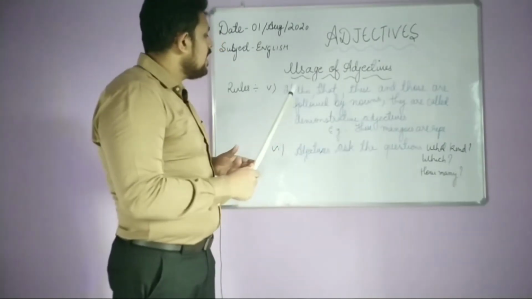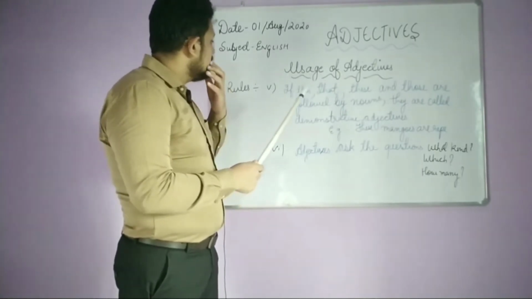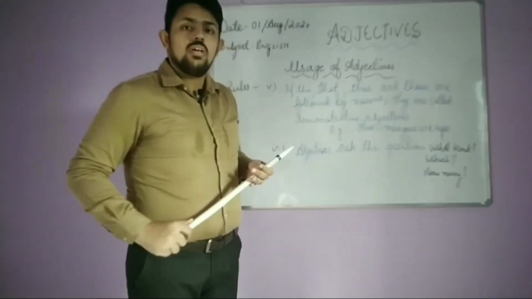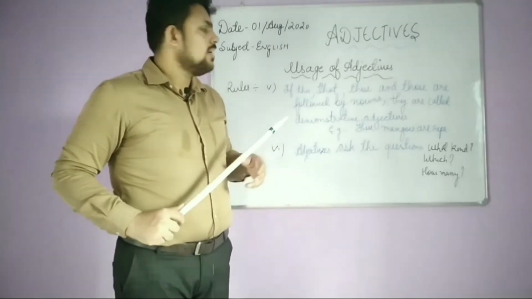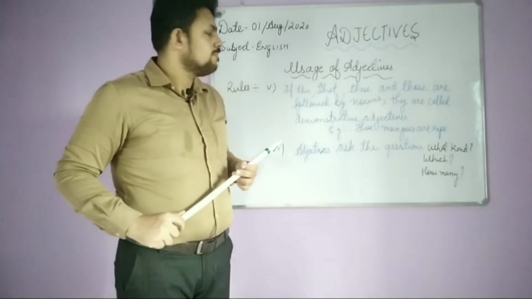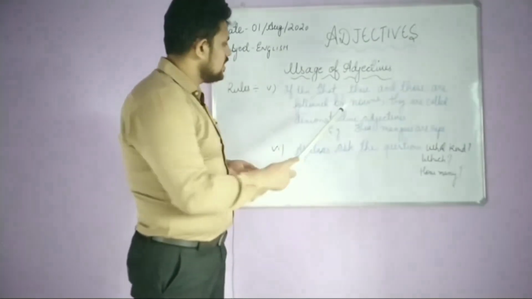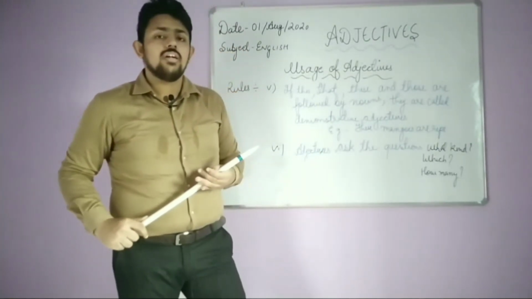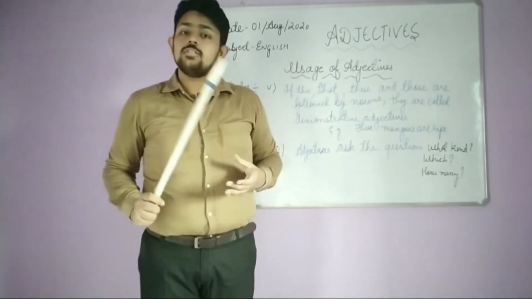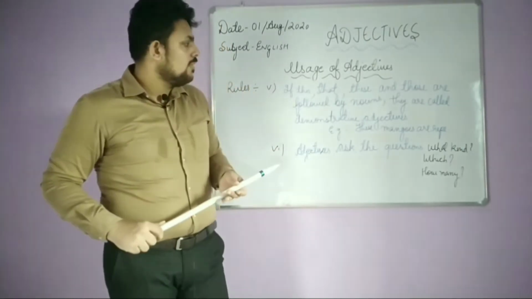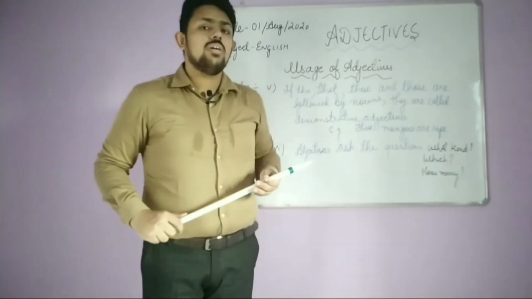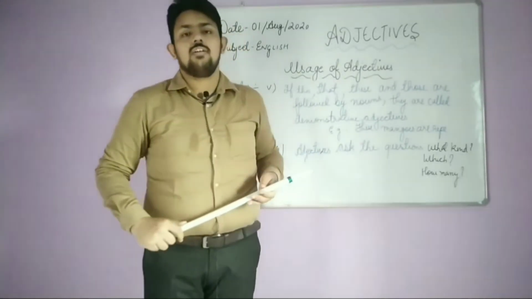Okay, so whenever it is being followed by a noun, these books, that building, those kids. Here we are using a noun after it. So what is it? It is not a pronoun. Whenever we are following it by a noun, it is called a demonstrative adjective.